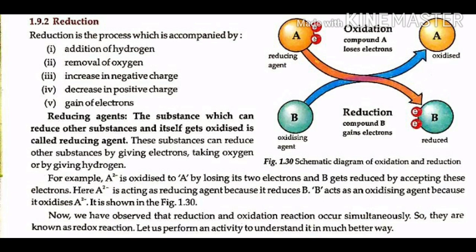For example, A2- is oxidized to A by losing its 2 electrons, and B gets reduced by accepting these electrons. Here A2- is acting as reducing agent because it reduces B. B acts as an oxidizing agent because it oxidizes A2-.